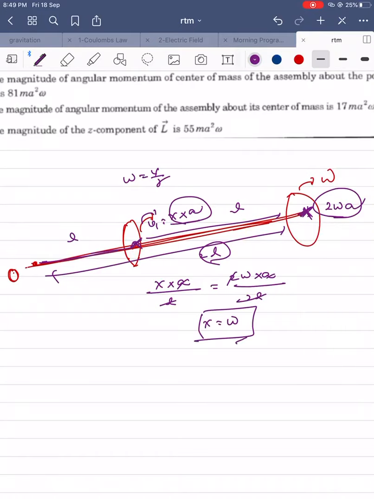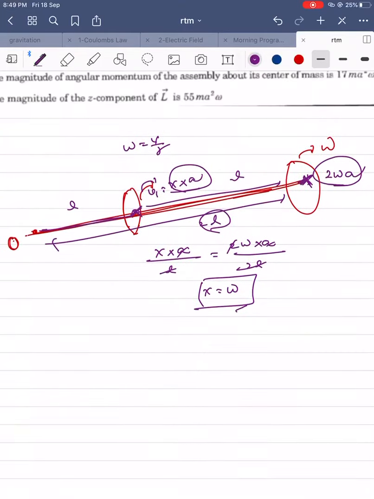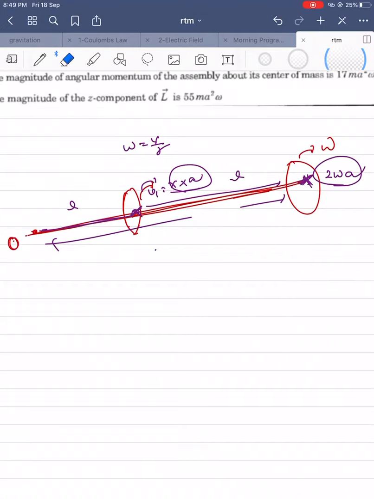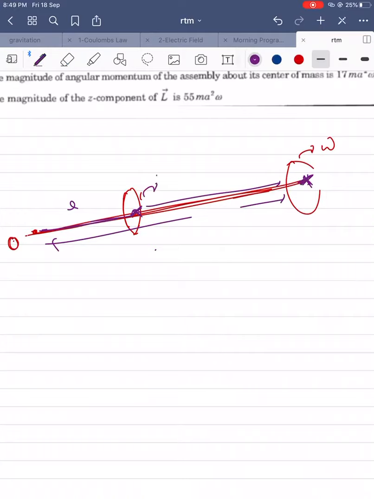So both of them will rotate about their own axis with angular velocity omega only. That's one conclusion we got here: both bodies move about their own axis with angular velocity omega.